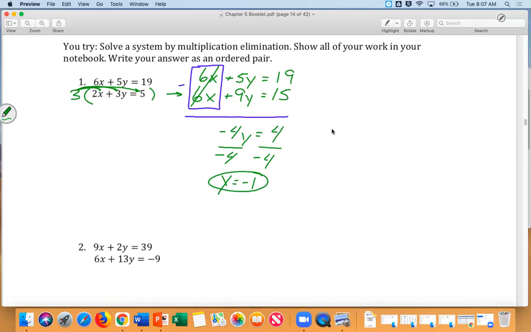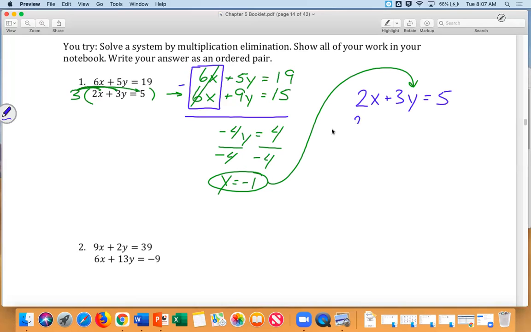Now, since y is -1, I need to figure out what x is. So I'm going to choose the bottom equation, which is 2x plus 3y equals 5, because that looks pretty easy for me to figure out what x is.